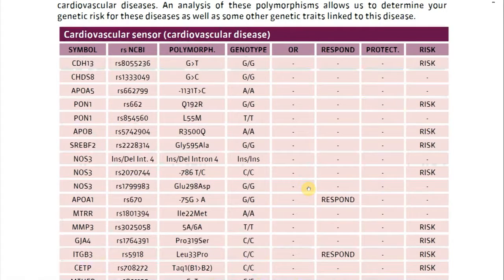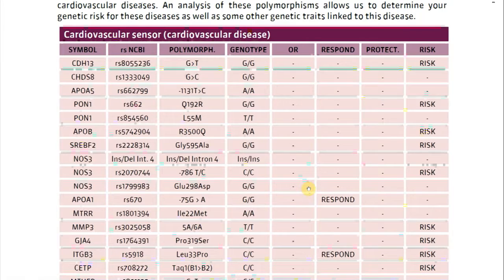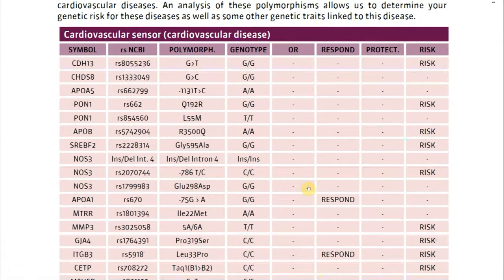Now, genotype is your genetic result. This basically means GG of this gene here. You have two copies, one from your father, one from your mother, and at this genetic letter, genetic variation, both copies have a G. It might also be that both copies have a genetic letter T, or one has a G and one has a T. So these are the three options: two of one, two of the other, and one of each.